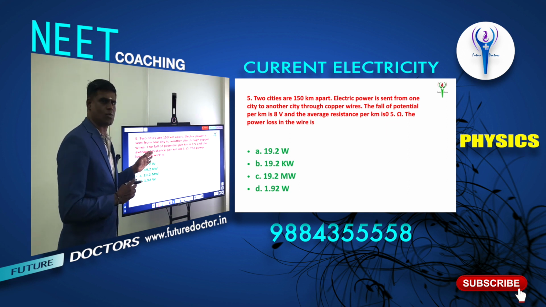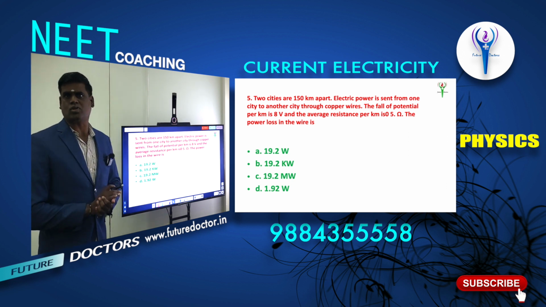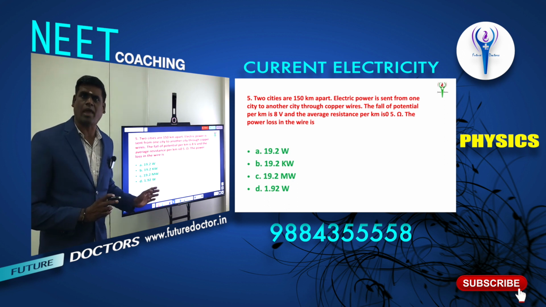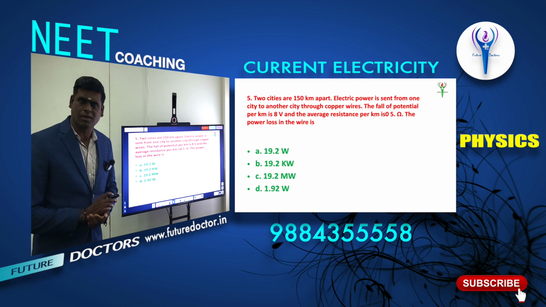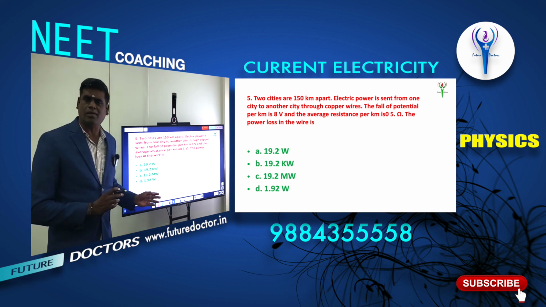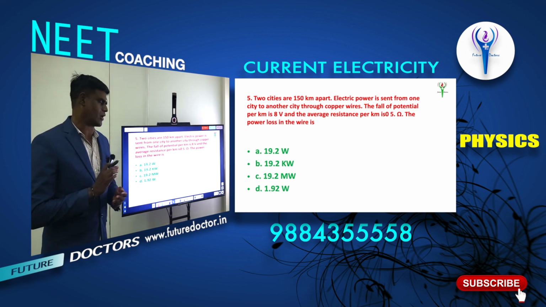The power loss in the wire is dash. Option A 19.2 watt. B option 19.2 kW. kW means kilowatt. C option 19.2 MW. MW means megawatt.